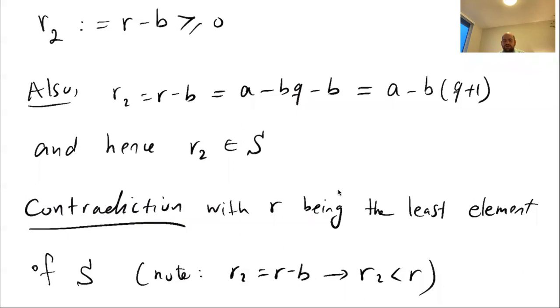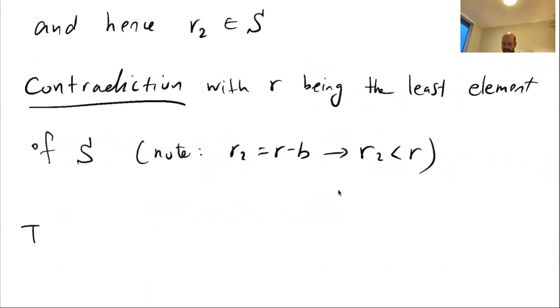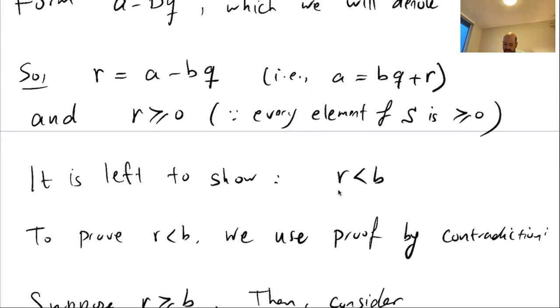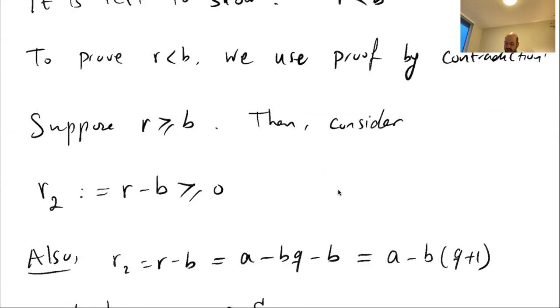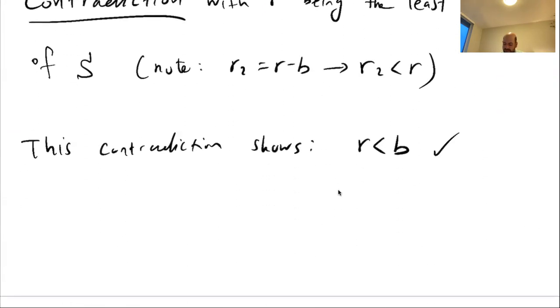Okay, so we reached a contradiction, and this shows that R is less than B. We want to show R less than B, so we use proof by contradiction. We assume R is bigger than or equal to B. We reached a contradiction, which means R has to be less than B. The other parts were already done, right?